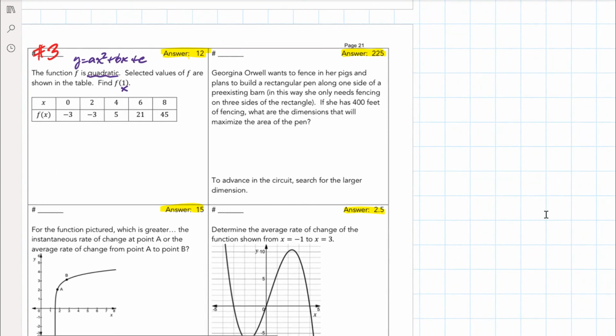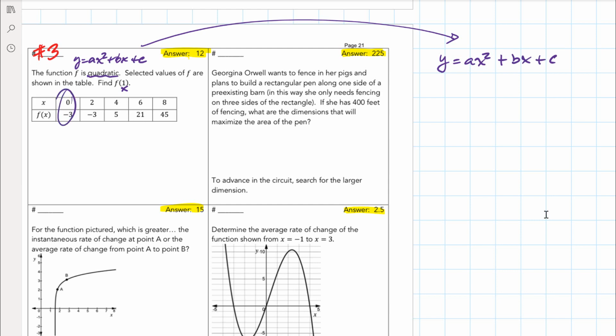So I'm going to go to the side here and work on this one. I'm going to just write down my general function. I don't know if you guys have ever done this before in Algebra 2, but here we go. I'm going to use points in the table. My first point I'm going to pick is this one here. So I'm going to substitute 0 in, and my y value should be -3. So y is -3 when x is 0.